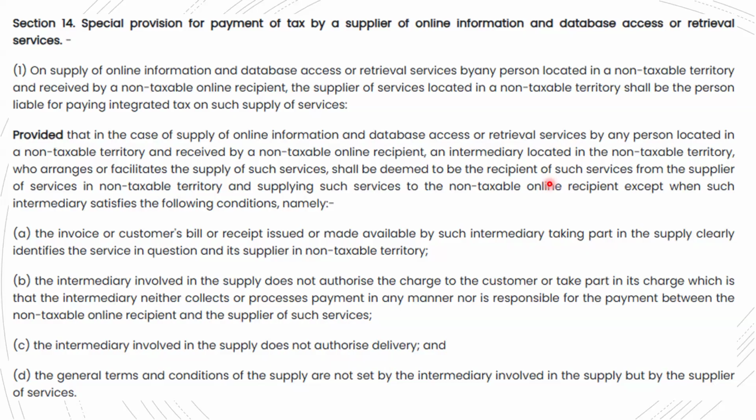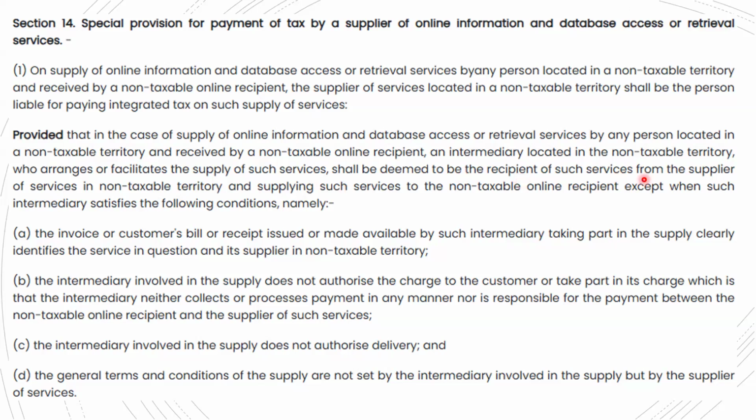Correct, sir. I think this sir has a point. If you read this proviso, it says that in case of supply of OIDR by any person located in a non-taxable territory and received by a non-taxable online recipient, an intermediary located in the non-taxable territory who arranges or facilitates the supply of such services shall be deemed to be a recipient.